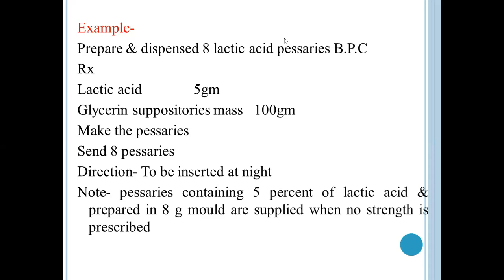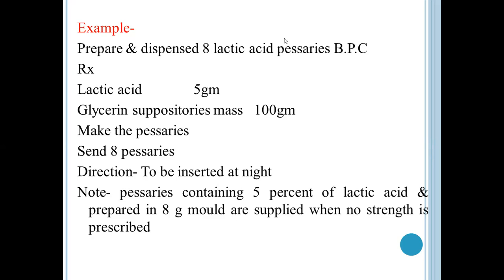Like that, same here, you have to prepare 8 suppositories, but you have to take the measurement for how many pessaries? 10. For 10, take extra 2. Do you understand the point?